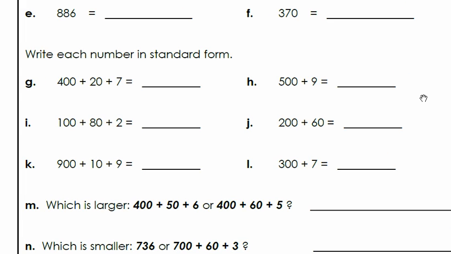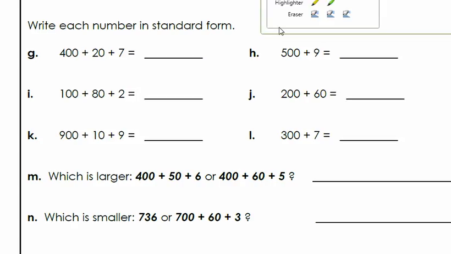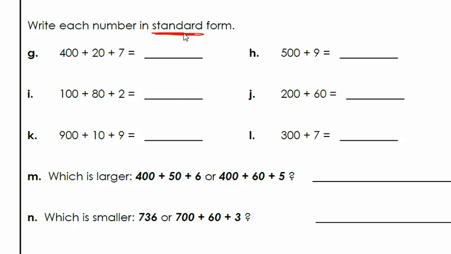However, G through I, they tell me to write each number in what? Standard form. So now I have to do the opposite. Okay, so I have 400 plus 20 plus 7. So I would just cross out the zeros and put the numbers together. 4, 2, 7.